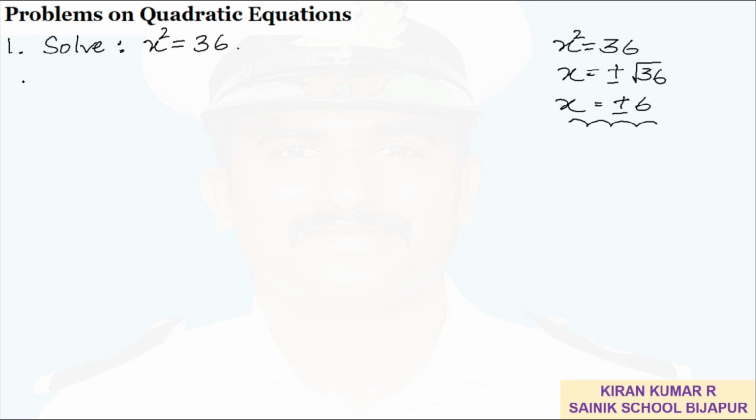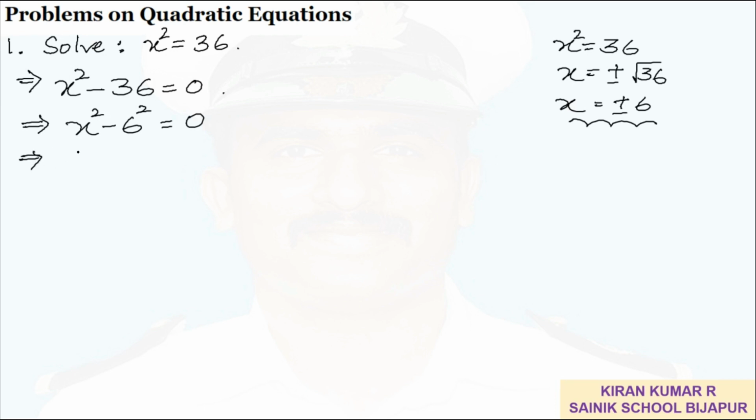Yet another way is, we will rewrite the equation as x square minus 36 equal to 0. This can be written as x square minus 6 square, which is equal to 0. We all know this is like an identity, a square minus b square, which is a plus b into a minus b.